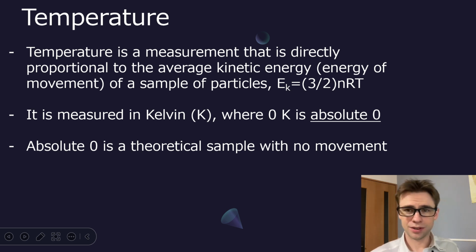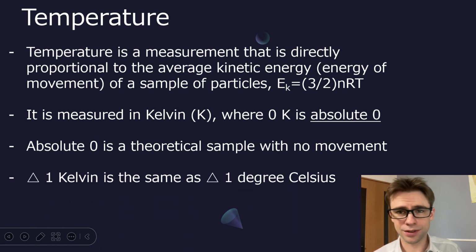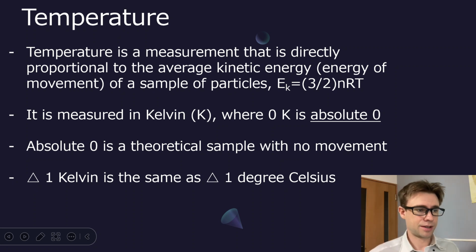So something at absolute zero actually has no movement anymore, or no vibration, but it's a theoretical sample, right? We have never actually observed anything at absolute zero. We've tried to get there, but we can get very close, but we can't actually get there because a lot of weird things potentially happen at absolute zero. There would be zero movement, zero temperature, zero pressure. Various things that just sound kind of oxymoronic or impossible.